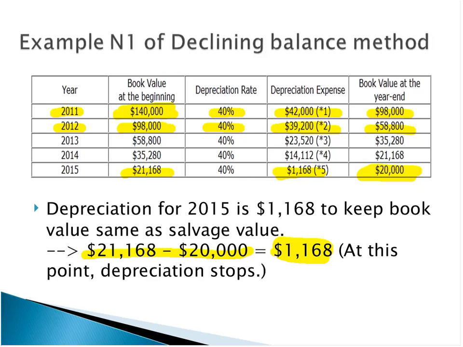As you can see in the decline method, the depreciation expense would be higher in the earliest years, and then it will decline at the end. This is why this depreciation method is called the declining balance method or reducing balance method.